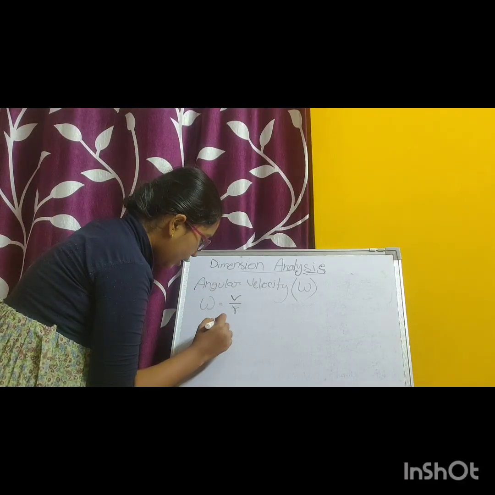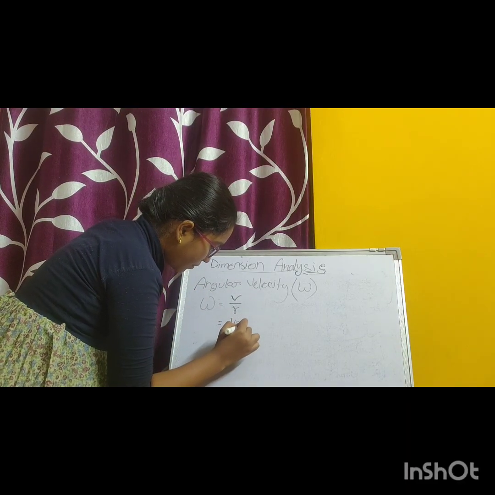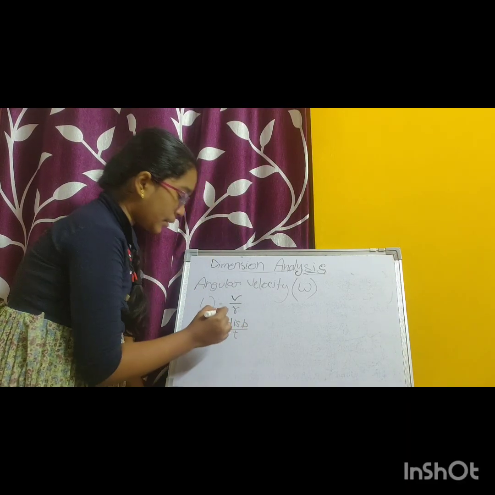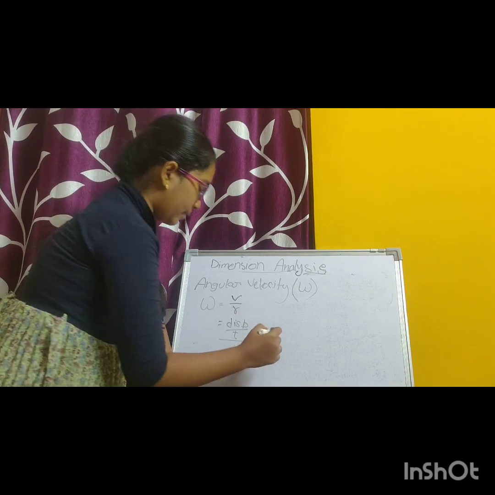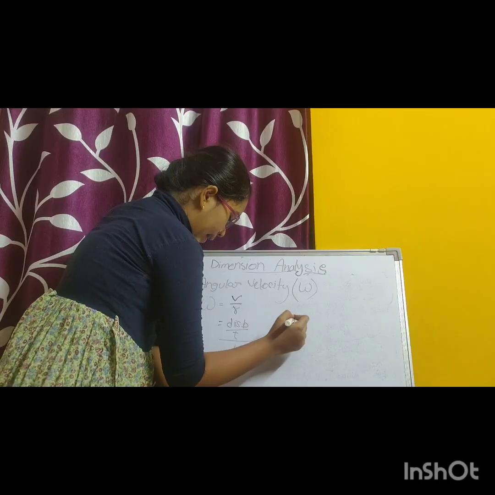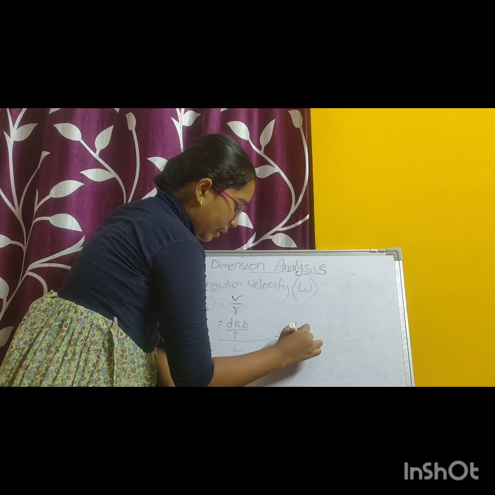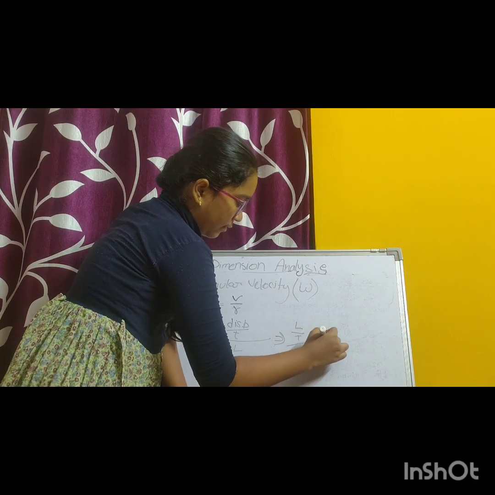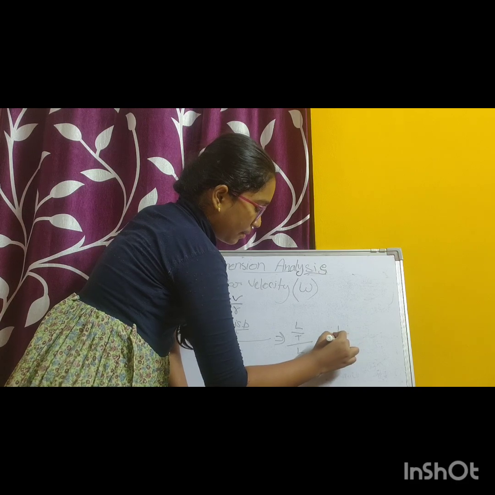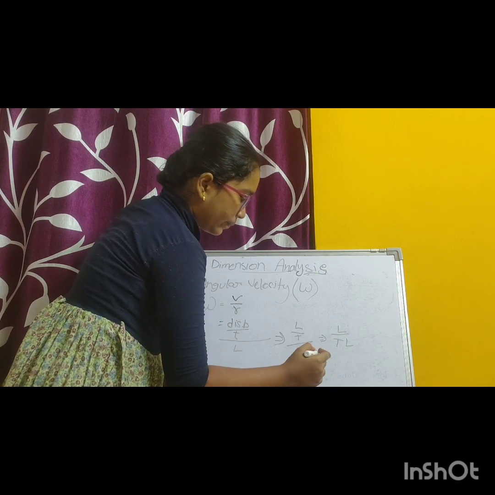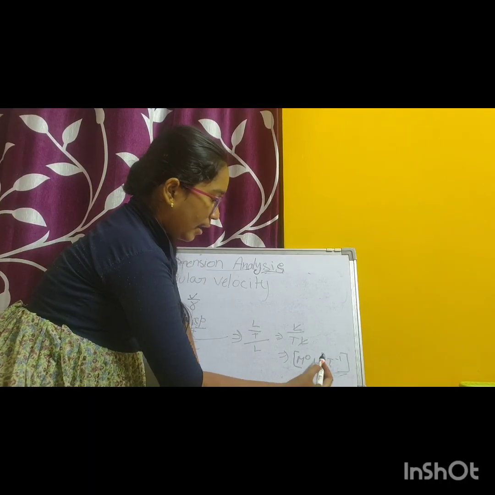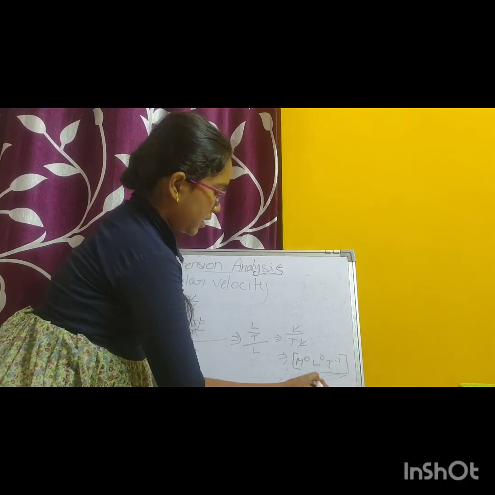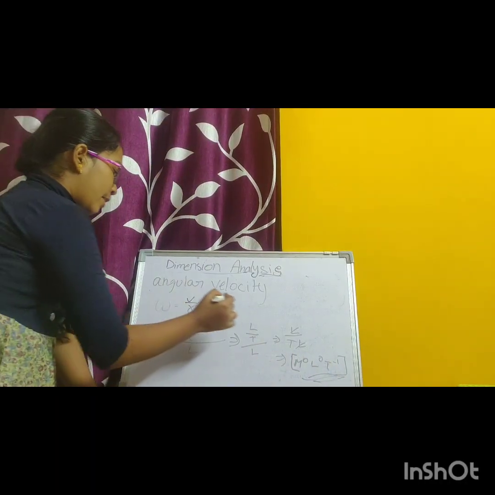Velocity is displacement by time. Radius is measured in length. So displacement by length is also L by T by L, which is L by T into L. So this gets cancelled. M power 0, L power 0, T power minus 1, which is the dimensional formula of angular velocity.